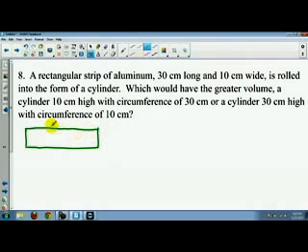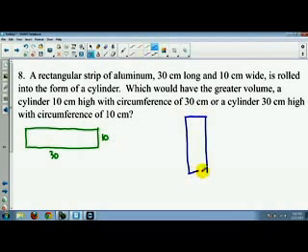Okay, so let's say this is our 30 and 10. We can also draw it as such, right? And this will be our 10.